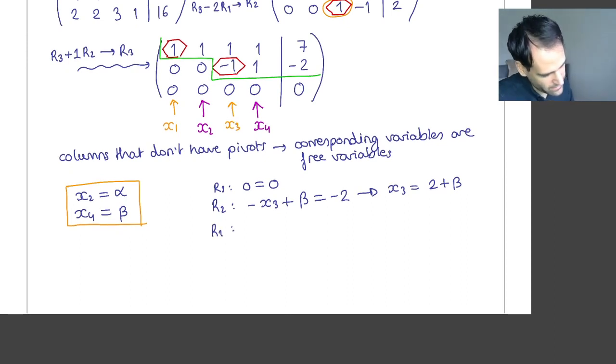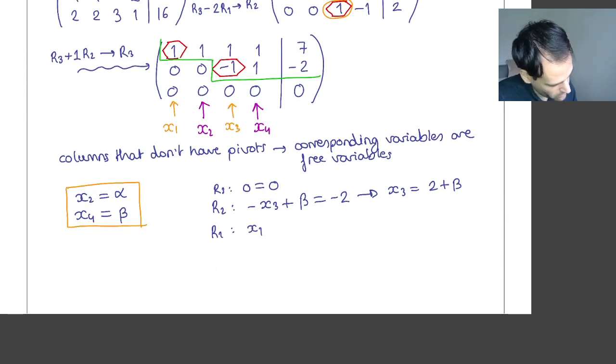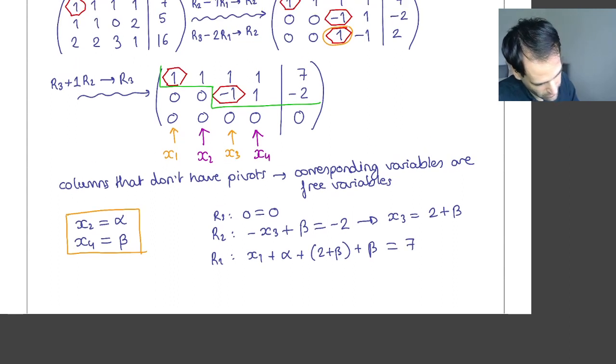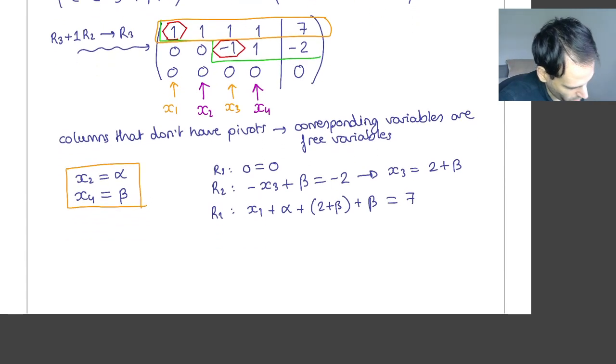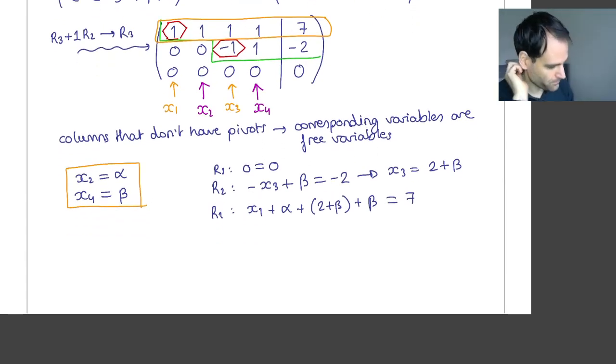Row 1 is telling us that 1x1 plus 1x2, which is alpha, plus 1x3, which is 2 plus beta, plus 1x4, which is beta, equals 7. So I basically converted this into the corresponding equation and substituted the known values of x2, x3, and x4.